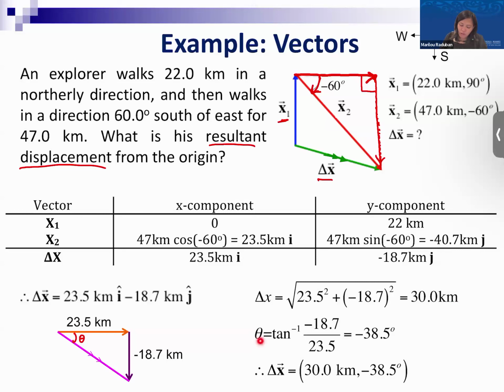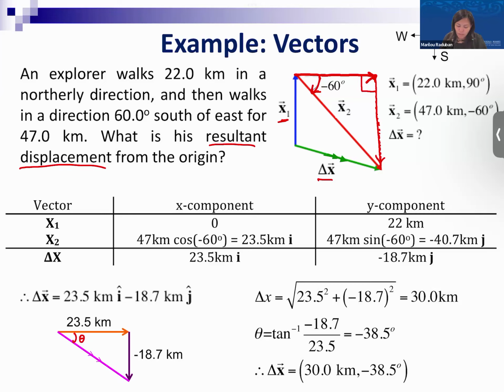And for the angle, use the tangent trigonometric identity, using the tangent theta function, or arctangent of the y component divided by the x component. You'll get negative 38.5 degrees. Your resultant vector is in the fourth quadrant, so you can leave your angle as negative 38.5 degrees, or if you want to do 360 minus 38.5 degrees, that will be a valid angle as well.